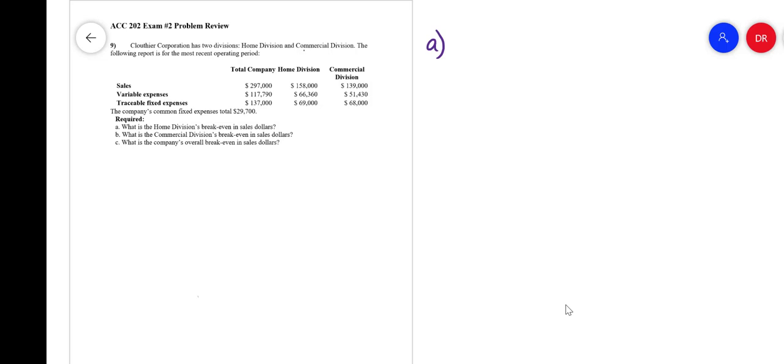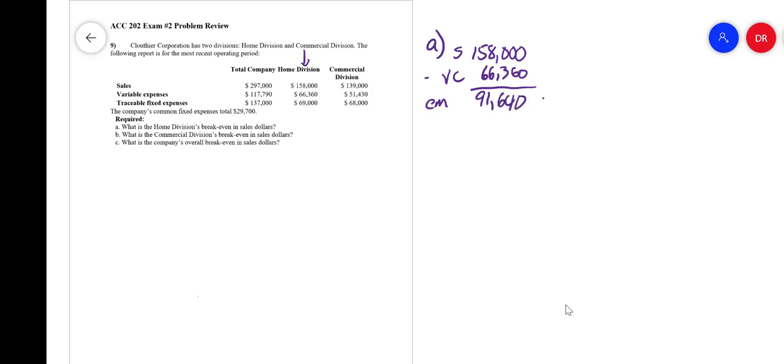So to start, home division in A, we're going to take the sales of $158,000. We're going to subtract out the variable costs of $66,360. And we will have a contribution margin then of $91,640.